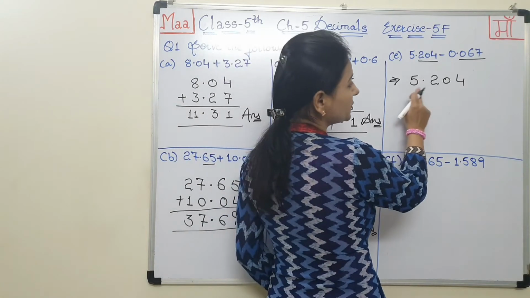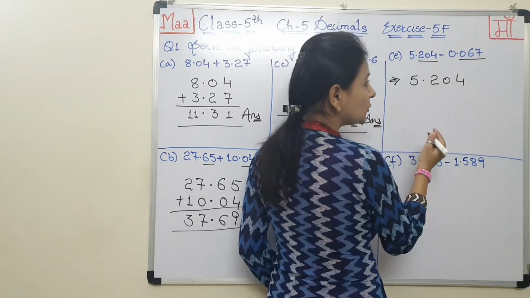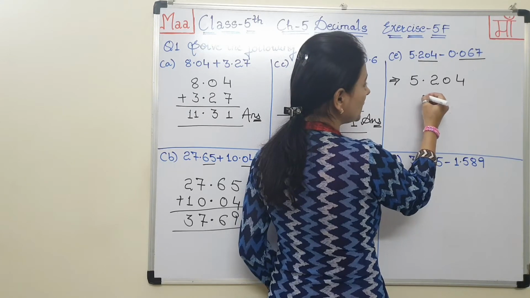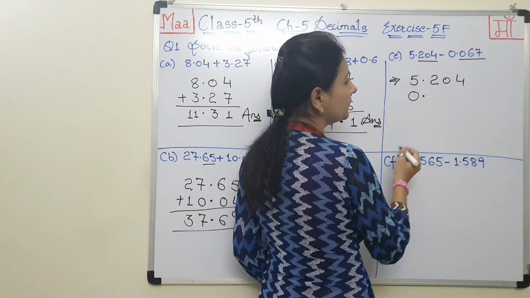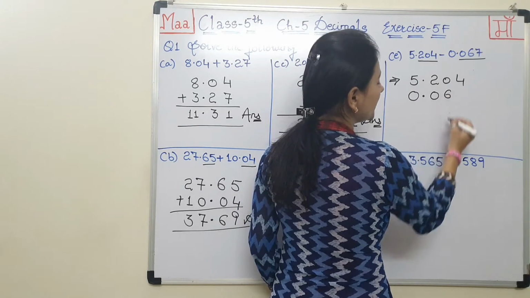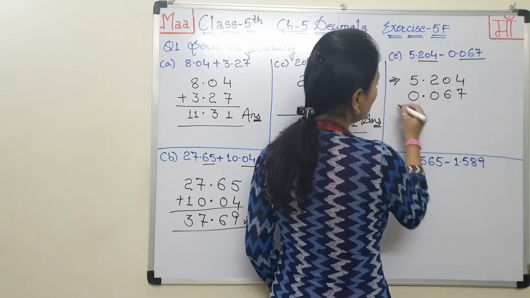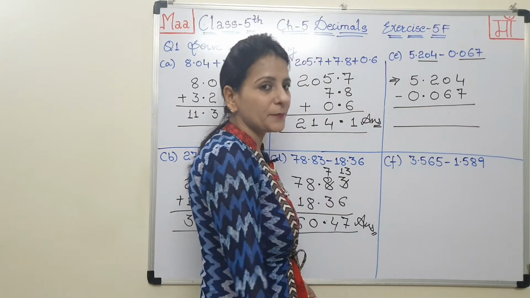So firstly we will write 5.204 and under this 5.204 we will arrange 0.067. So the decimal will come under the decimal point and before the decimal will come 0 under 5. After the decimal will come 0 under 2, then 6 under 0 and 7 under 4. Then put the subtraction sign and you have to simply subtract it.